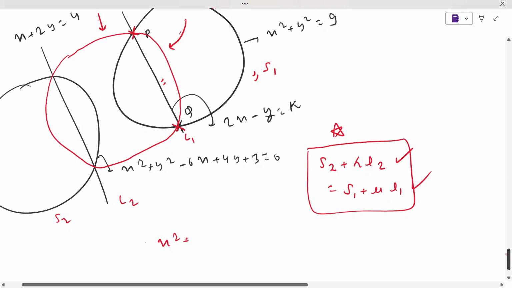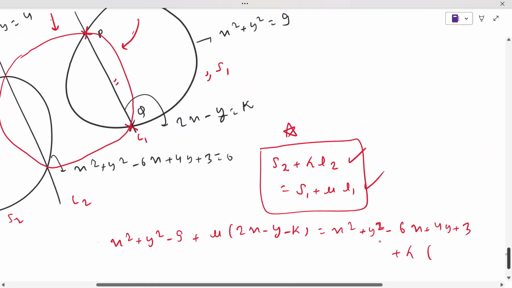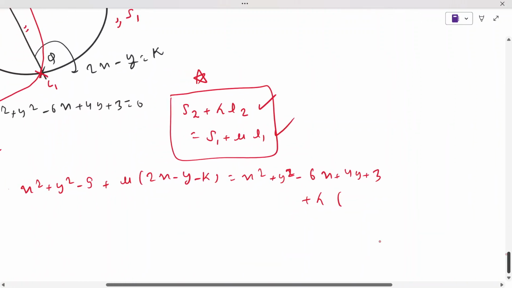So x square plus y square minus 9 plus mu into 2x minus y minus k is equal to x square plus y square minus 6x plus 4y plus 3 plus lambda into x plus 2y minus 2, x plus 2y plus 2.